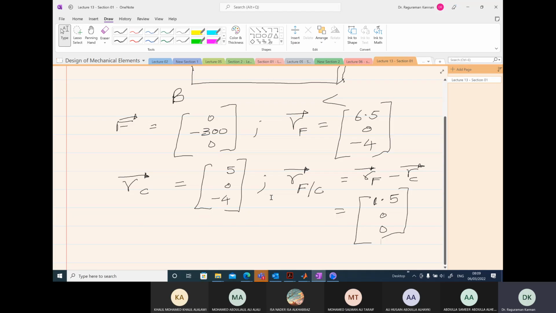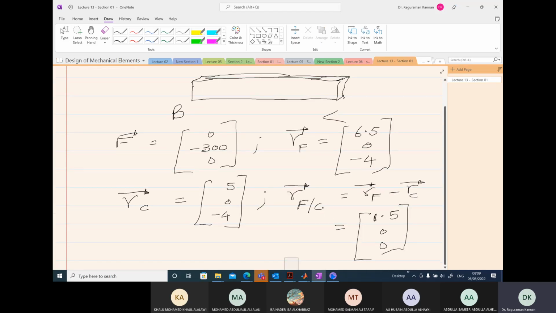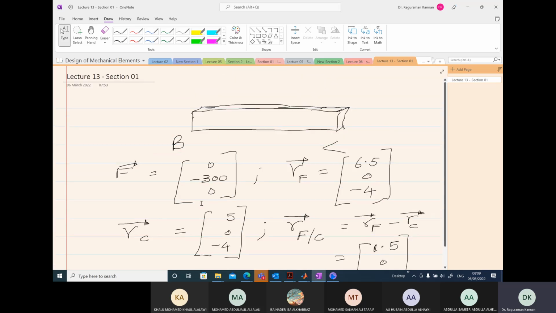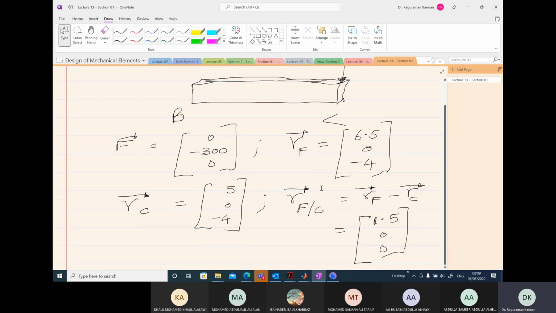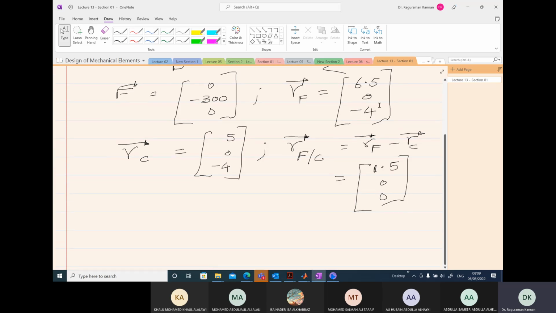Okay, so now to figure out the force acting at point C and the moment acting at point C, we can clearly see the force acting at point C will be the same force F. We replace it with a force and a moment. To get the moment, in this case it comes out very simple, but it's better to write it in vector form.